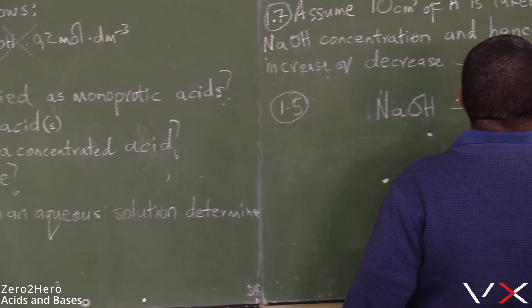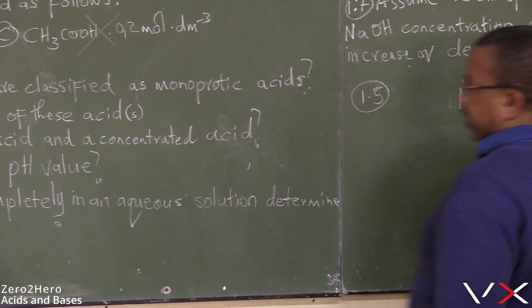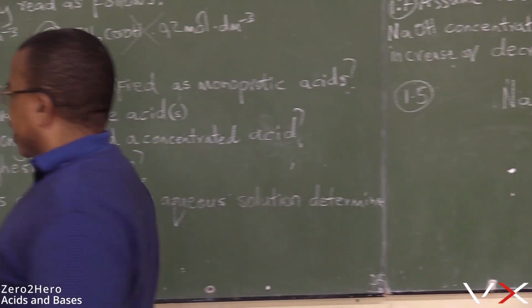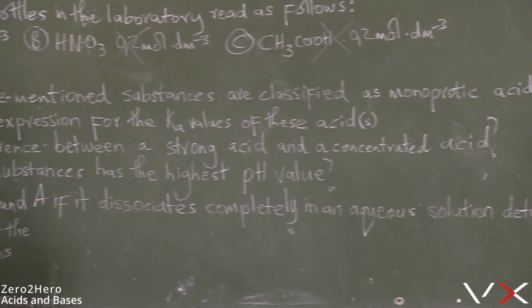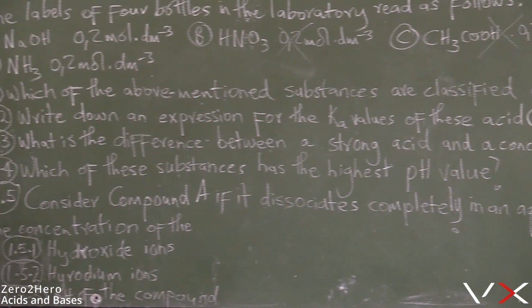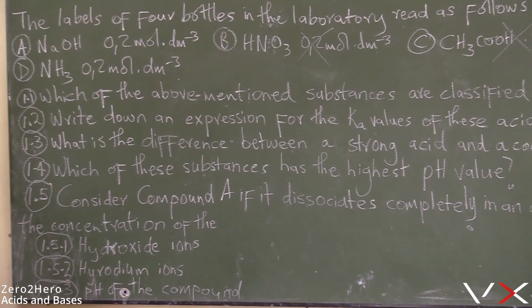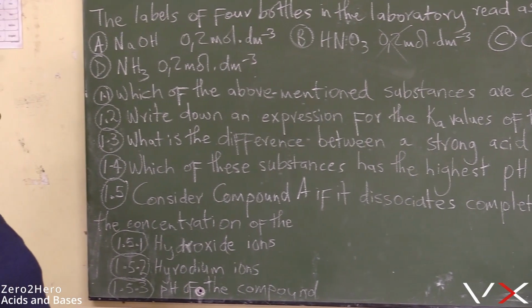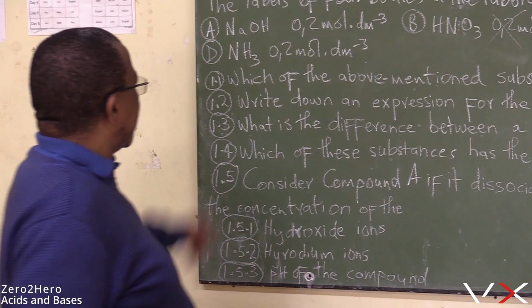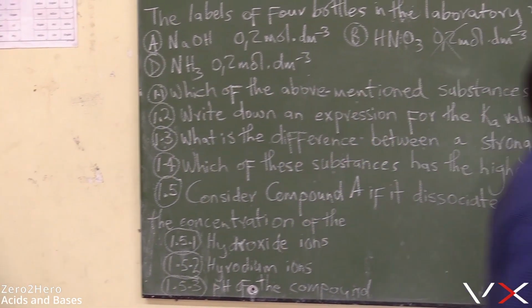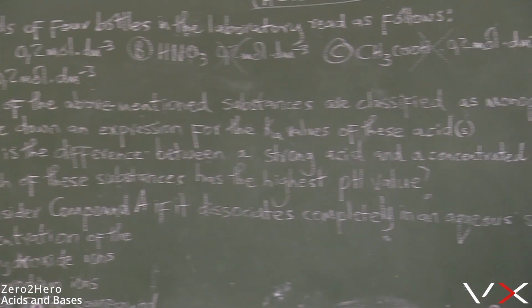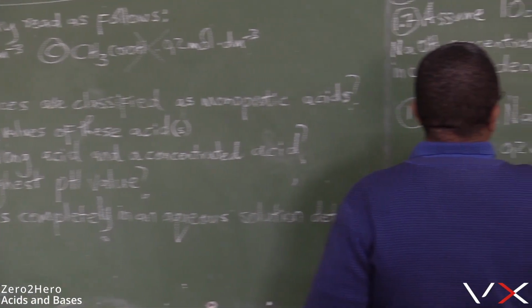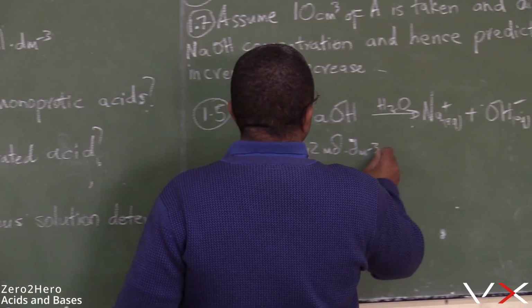Consider this, if it dissociates completely in an aqueous solution, it forms that. Determine the concentration of hydroxide ion. What is the concentration of OH minus? What is the concentration of sodium hydroxide? Sodium hydroxide is 0.2 mole per cubic decimeter.